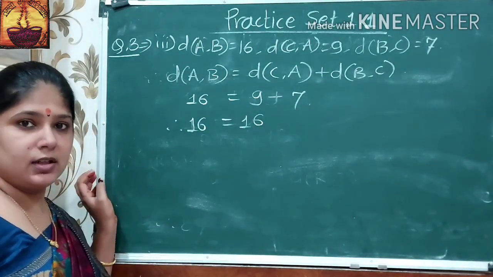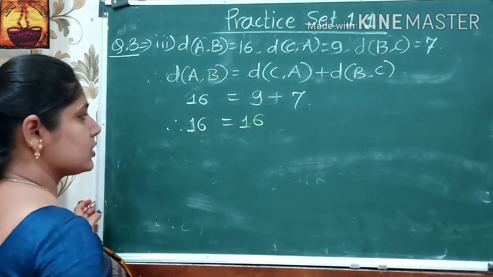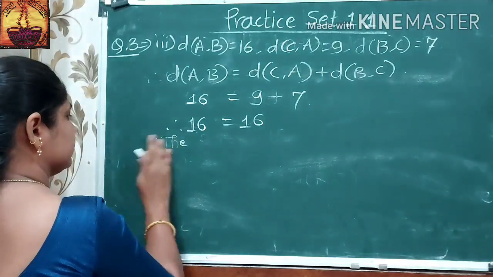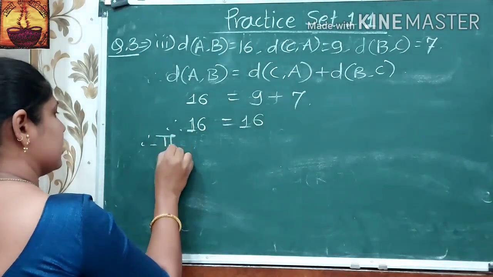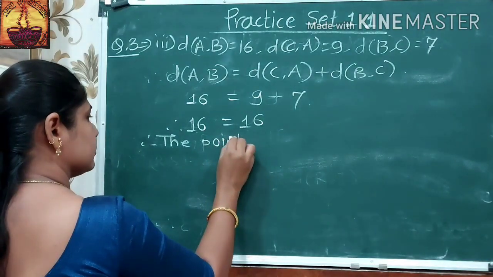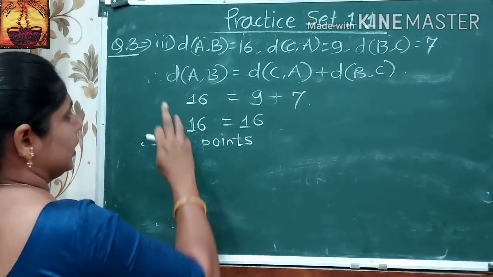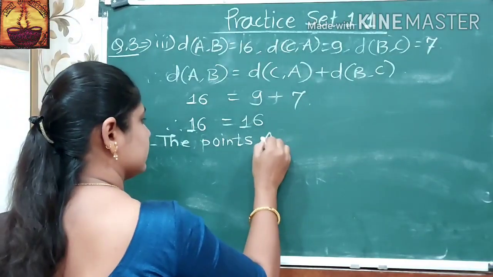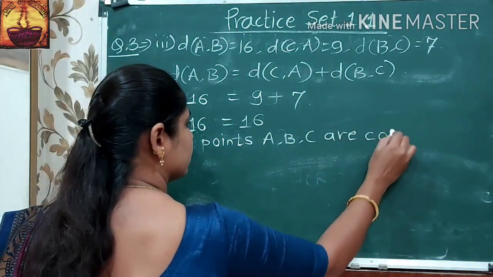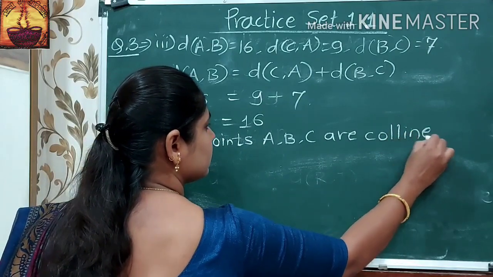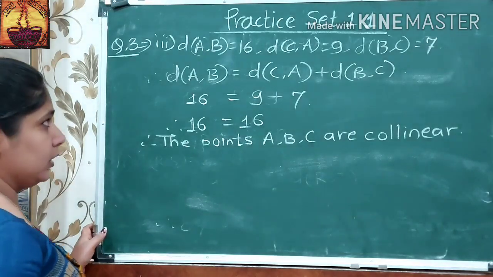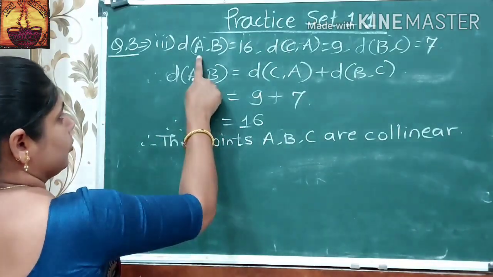Here both the sides are equal. 16 is equal to 16. Therefore, we say that the points A, B and C are collinear. And which of the points is between the other two?